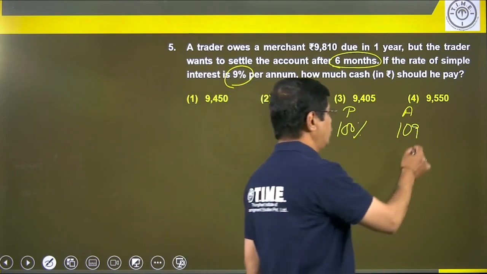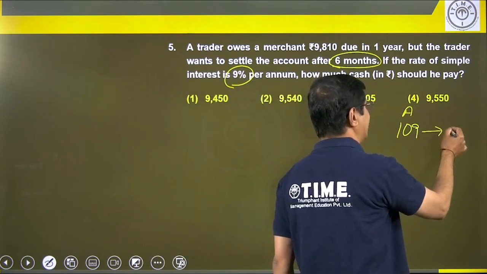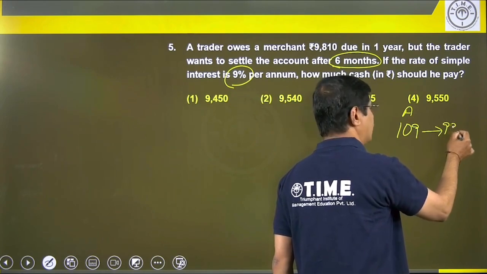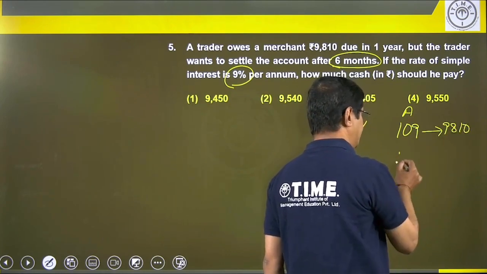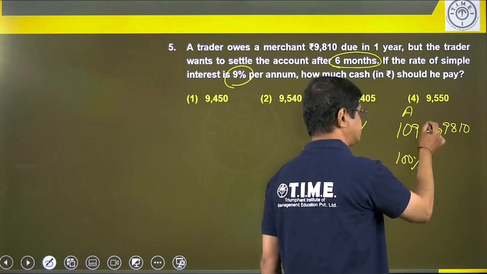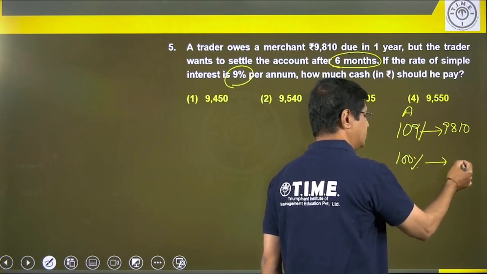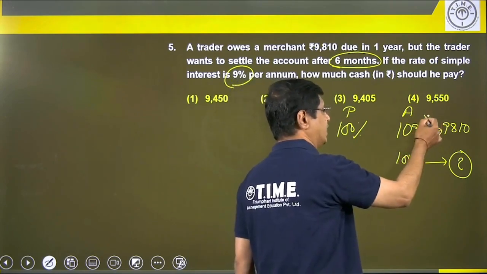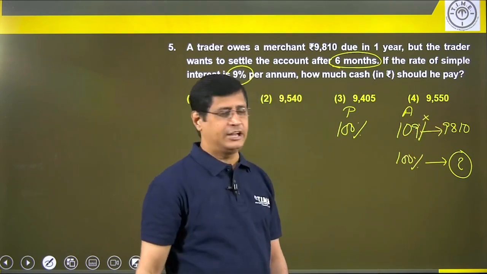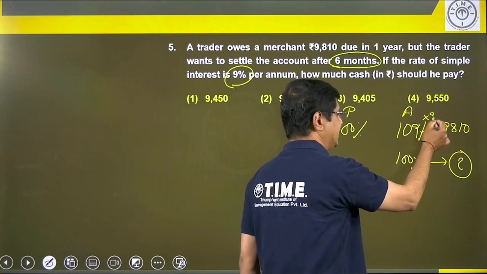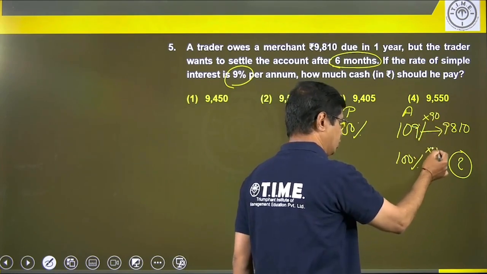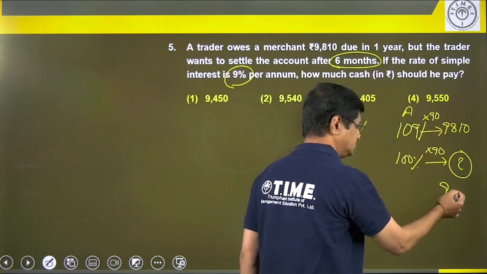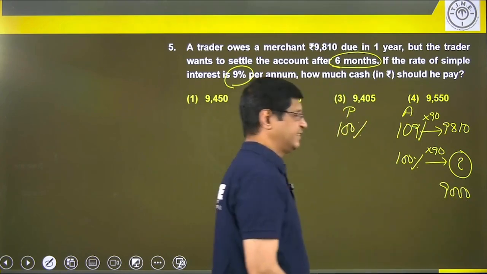The value of 109 is given here as 9810. Find out the 100% value. So 9810 divided by 109, that is 90. So what is the value of the principal? 90 into 100, that is 9,000 rupees.